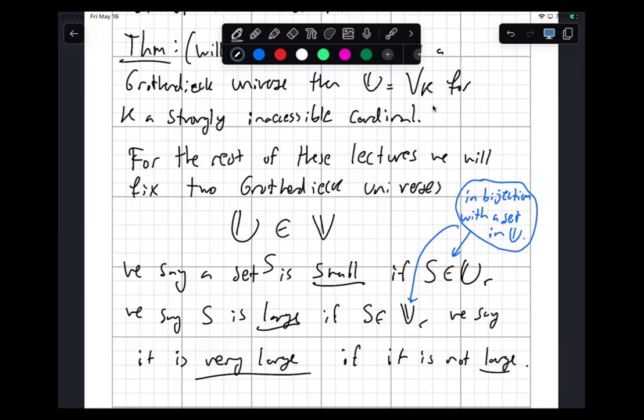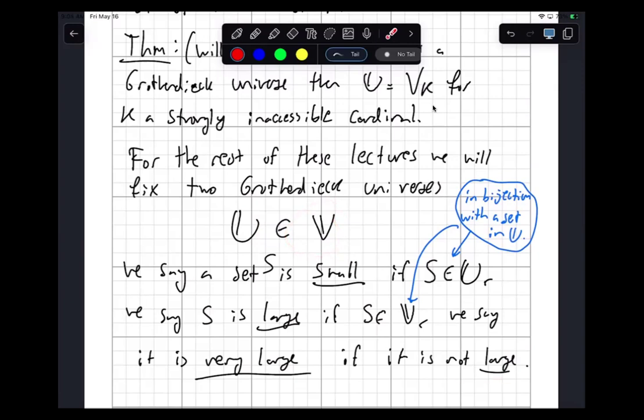Good. We're going to fix two Grothendieck universes that are nested. We're going to call them U and V. Elements of U we're going to call small sets. Elements of V we're going to call large sets. And any set that's not in V, we're going to call very large.